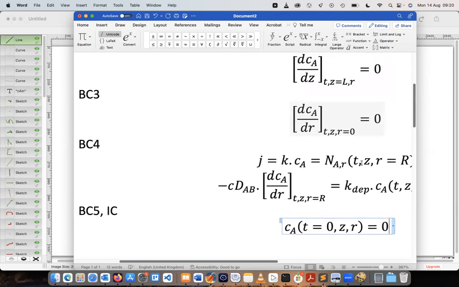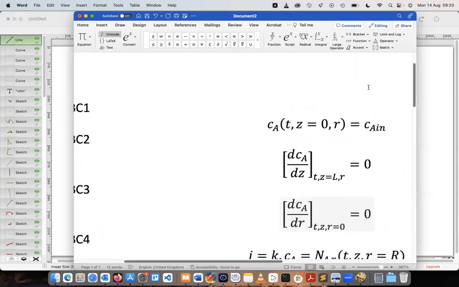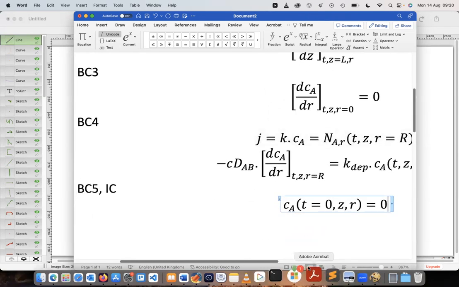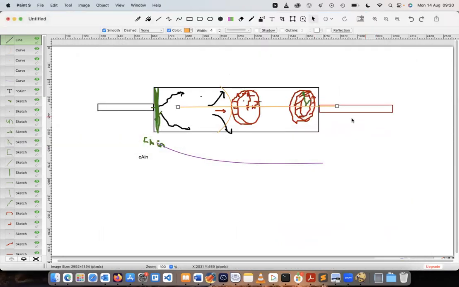And please be a bit careful with the difference between the initial concentration and the inlet concentration. This is the concentration that's being fed in at position Z equals 0. That does not mean the same thing as the initial concentration inside of the tube. Going back to the drawing, we have this whole tube here.